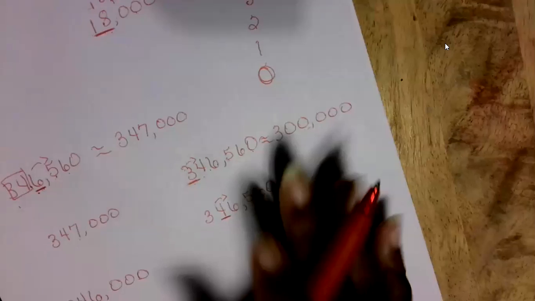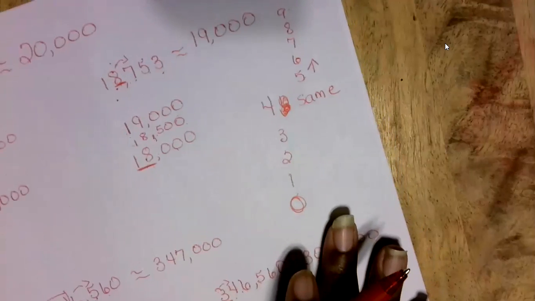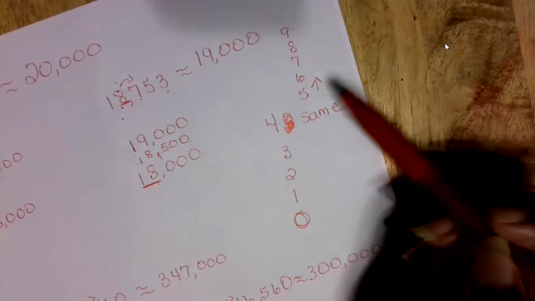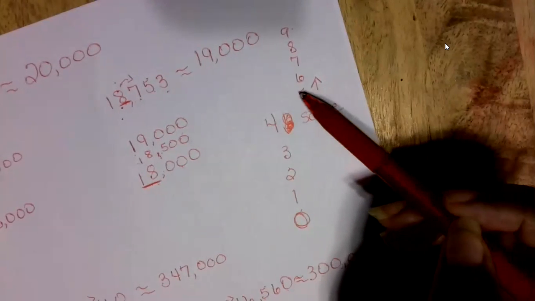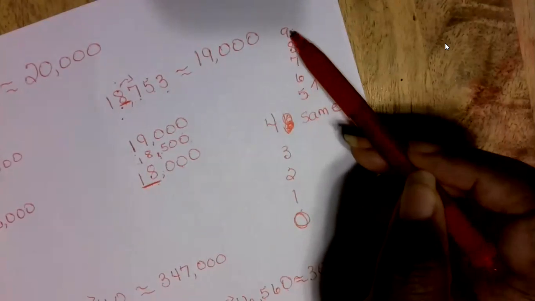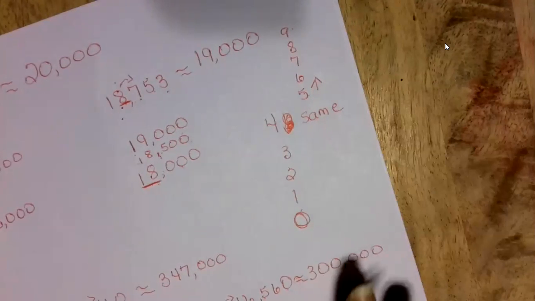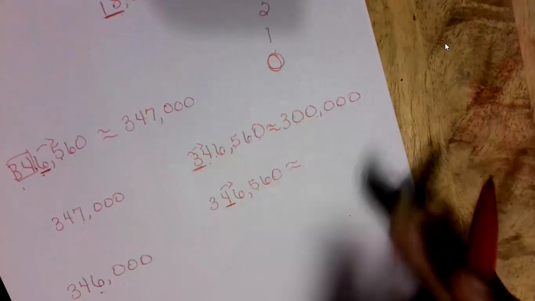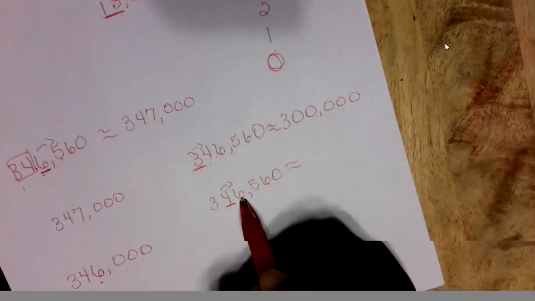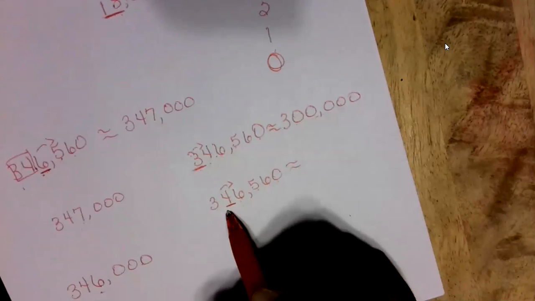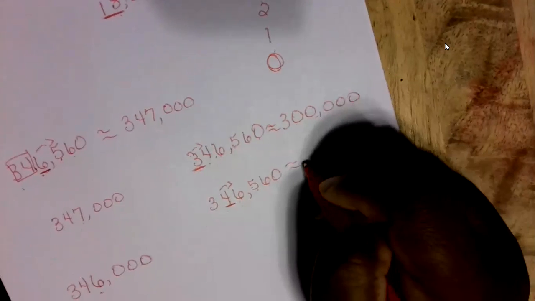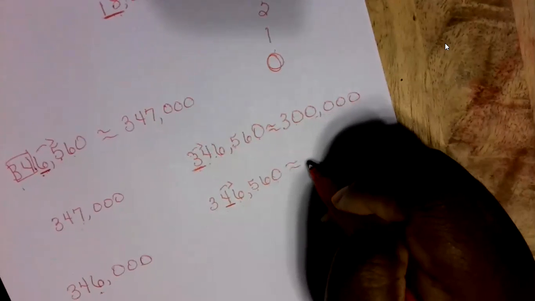Okay, so we're gonna go back up to where we wrote our little notes, and we said that if the number is 5, 6, 7, 8, 9, the number that we're rounding will go up by 1. So this number is 6, so that tells me this 4 is going to go up by 1. Now anything in front of my 10,000s place stays the same.